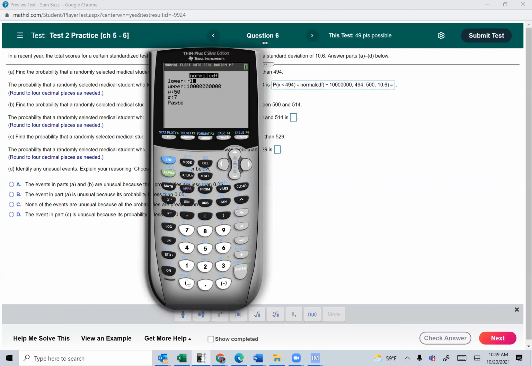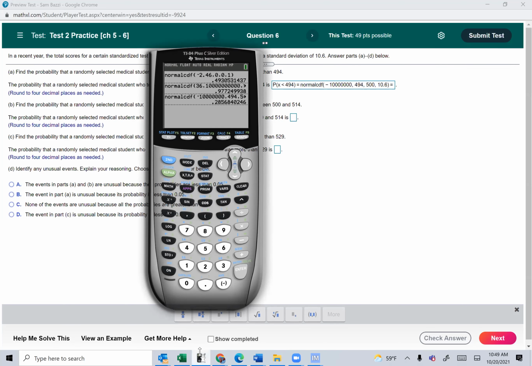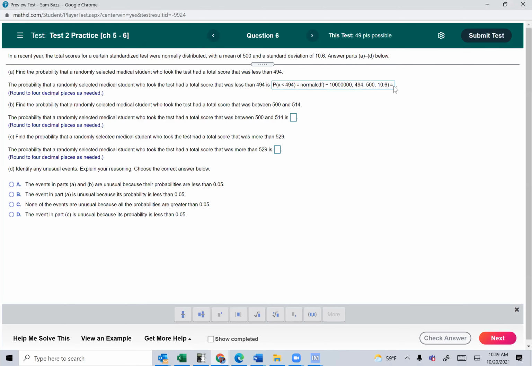This is the negative sign where I click, and then 494. Then the mean is 500. If you have any question, guys, you can ask me. 10.6. Paste. And then you come here and put the answer, 0.2857. If he says what percent, change it to a percent, 28.57%.